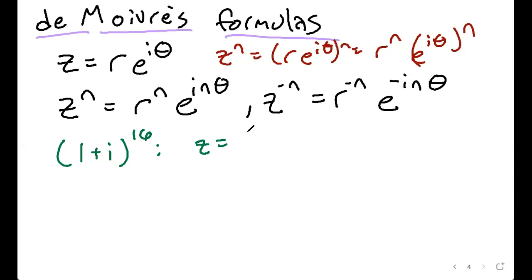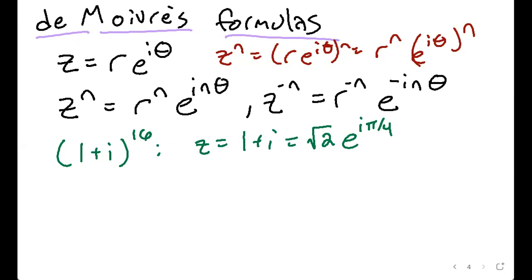We'd want to write Z is 1 plus I. If we write this in exponential form, you see the R is square root 2, and e to the I theta here would be pi over 4.